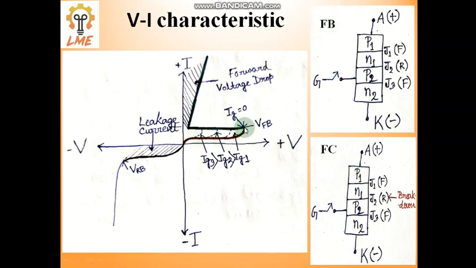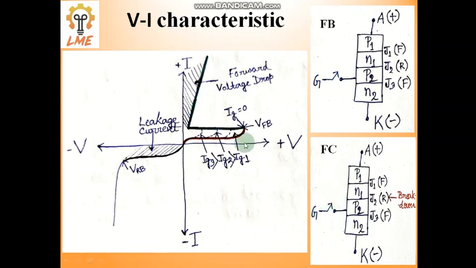So up to this point, the red colored line up to VFB is known as the forward blocking mode, and from VFB up to this point, the green colored portion is known as FC, the forward conducting mode. One thing you should remember: I am not saying anything about IG3, IG2, IG1 yet.